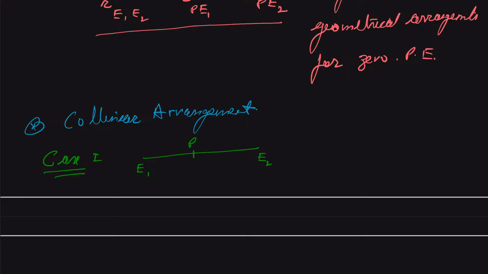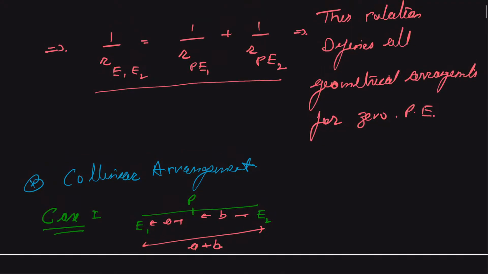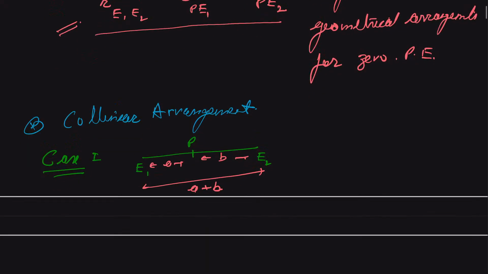Suppose the distance between the first electron and the proton is A, and the second one is B. Therefore the total distance between the two electrons becomes A plus B. And as per this relationship, the distance between electron 1 and electron 2 is A plus B, the distance between the proton and the first electron is A, and the distance between the proton and the second electron is B.